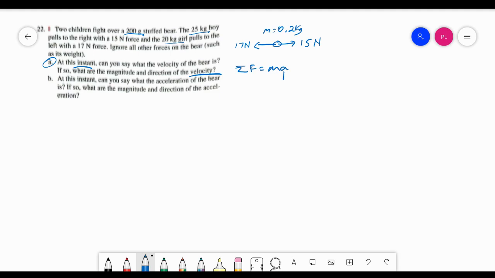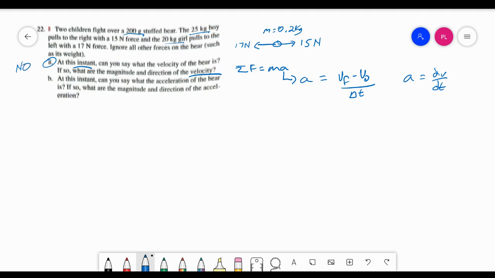If we go with a equals vf minus vo over delta t, or for the calc folks, a equals dv/dt, those are true statements. But to know what the velocity was at any instant, we would have to know a time value and one of these other velocities. So we simply don't. So letter A, no, we can't.